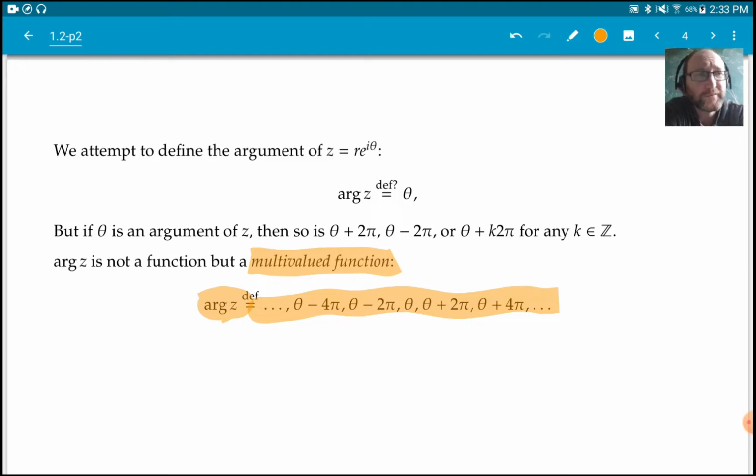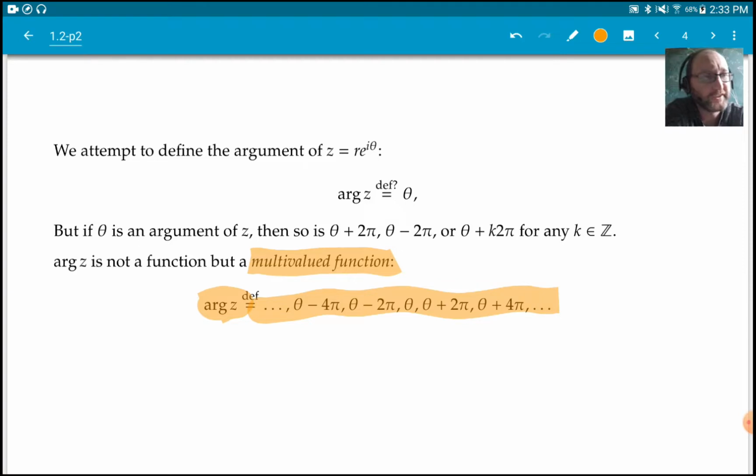It's not quite a function, like a real valued function in the classical sense, but in complex analysis, we're generally fine with multivalued functions. If you ask on the internet about multivalued functions, there's always somebody very smart that tells you that no, a function is never multivalued. In complex analysis, functions are multivalued quite often, and we call them multivalued functions.